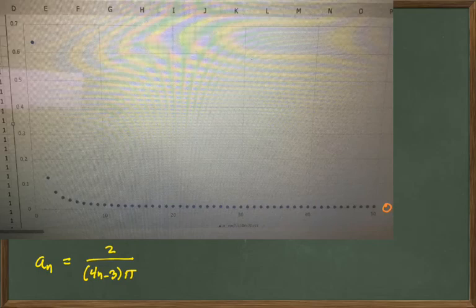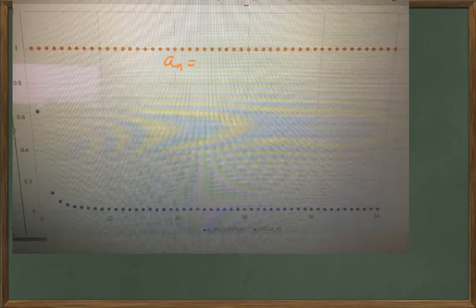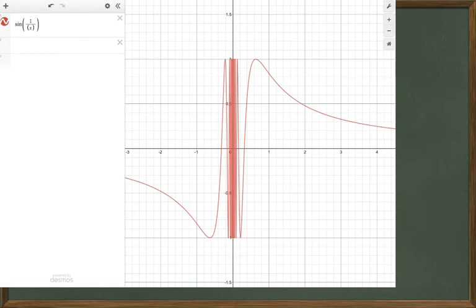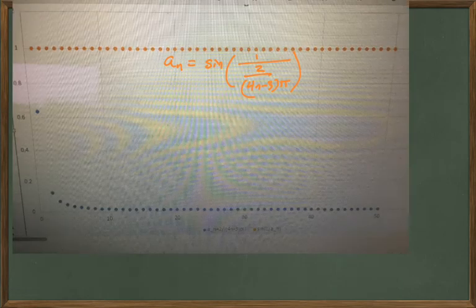We're going to look at another sequence. This is going to be the sequence a sub n equals the sine of 1 divided by that sequence we just talked about. So the sequence 2 over 4n minus 3 pi, that's down here, that's going to 0.